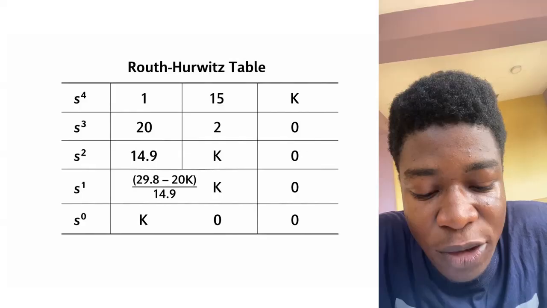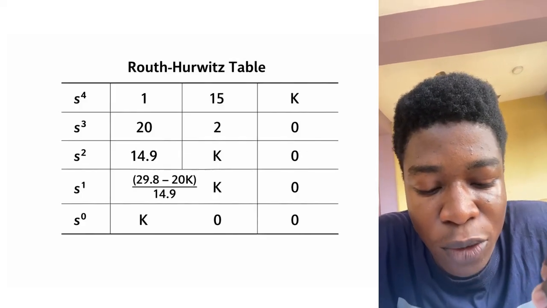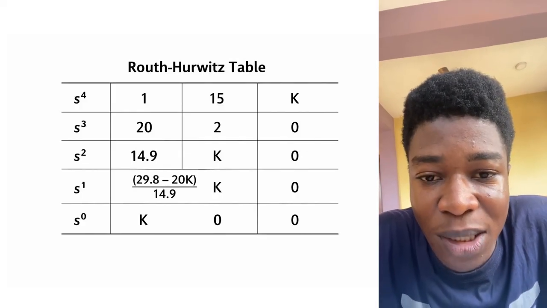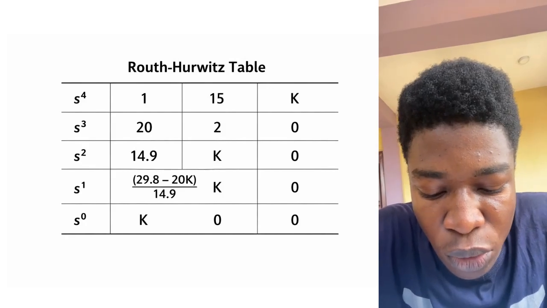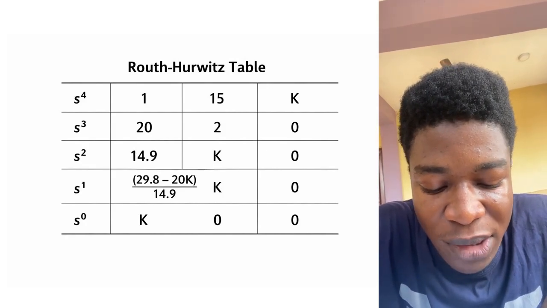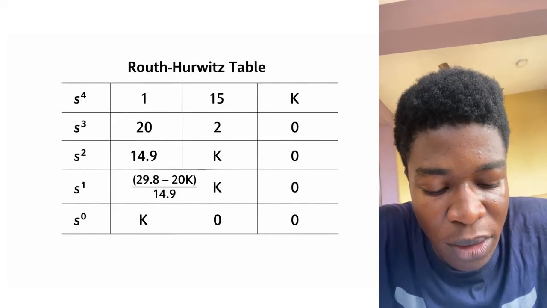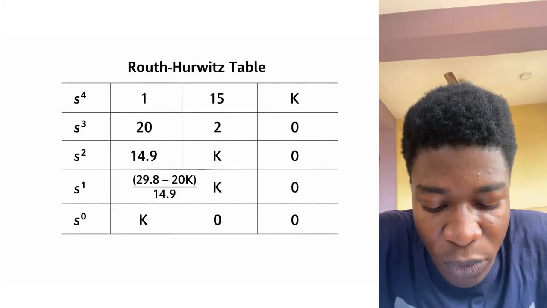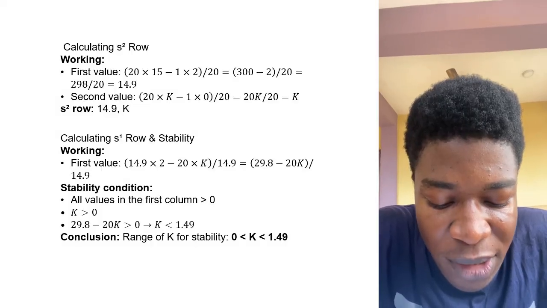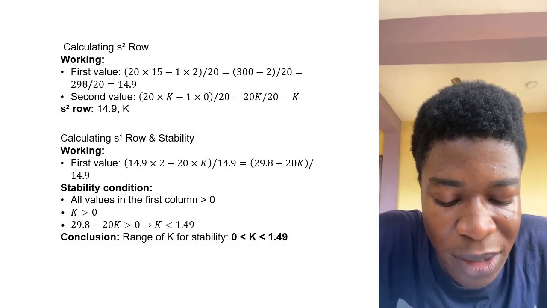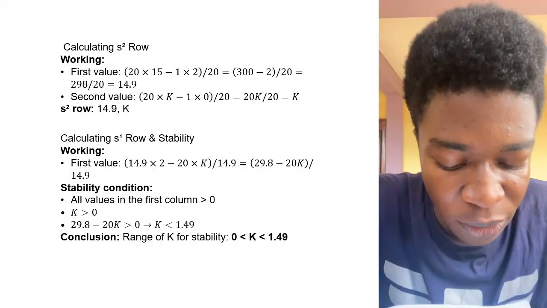For the s^2 row and the s^1 row, we are going to use determinants from the rows above. For the s^2 row, A is 20 times 15 minus 1 times 2, over 20. We get 14.9. For B, 20 times k minus 1 times 0, over 20, which gives k.